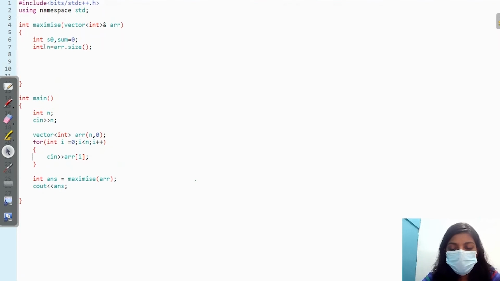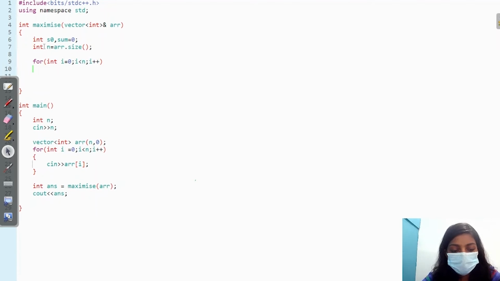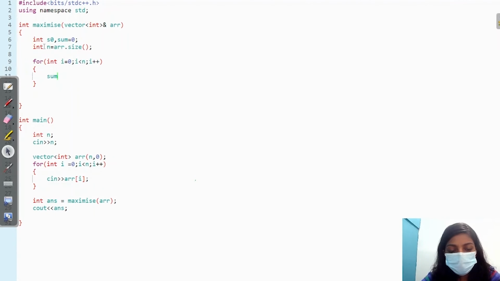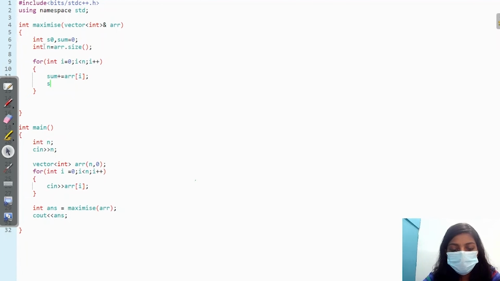Now let's calculate sum and S0. Sum plus equals ARR of I, and S0 is equal to ARR of I multiplied by I.